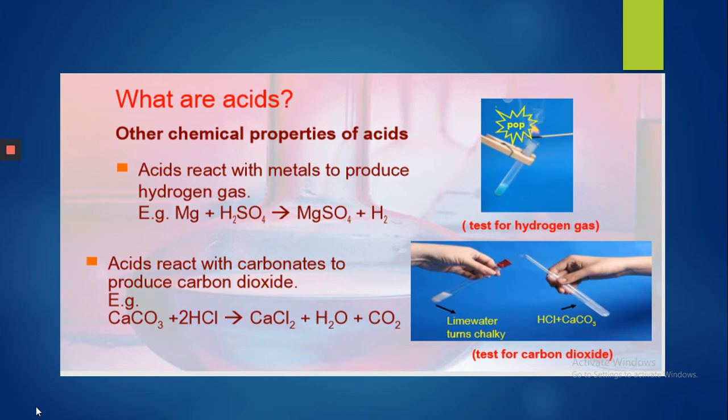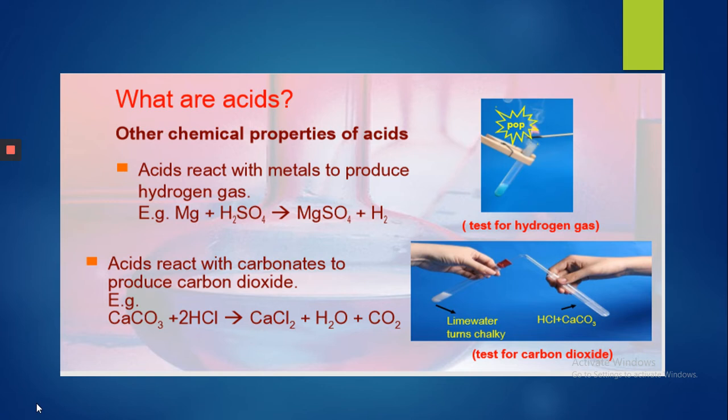When magnesium reacts with sulfuric acid, magnesium sulfate and hydrogen form. We can test this hydrogen gas by bringing a burning matchstick near the test tube. If the gas is hydrogen, it will burn with a pop sound.